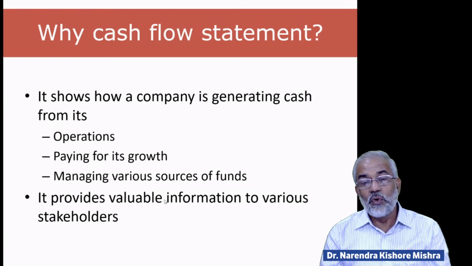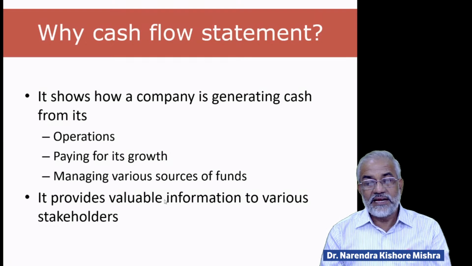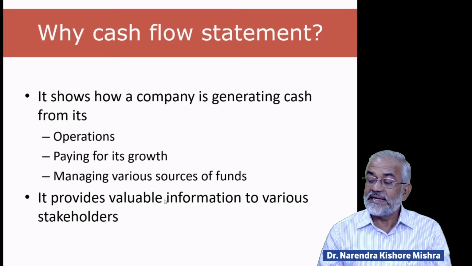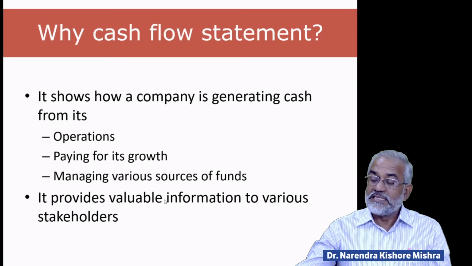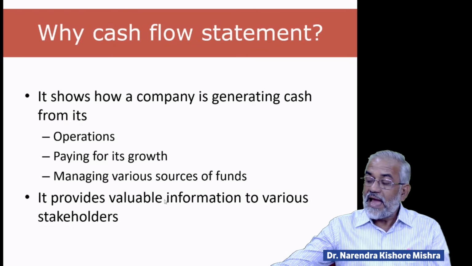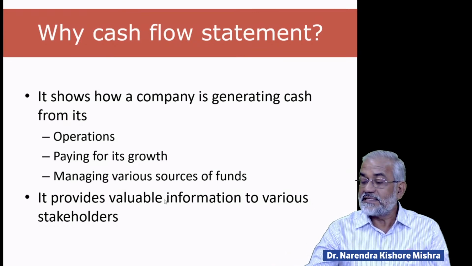One is the operating flow of cash, the second is the investing flow of cash, and the third is the financing flow of cash. Operating flow of cash means the cash generated from the principal operating activity of the organization.